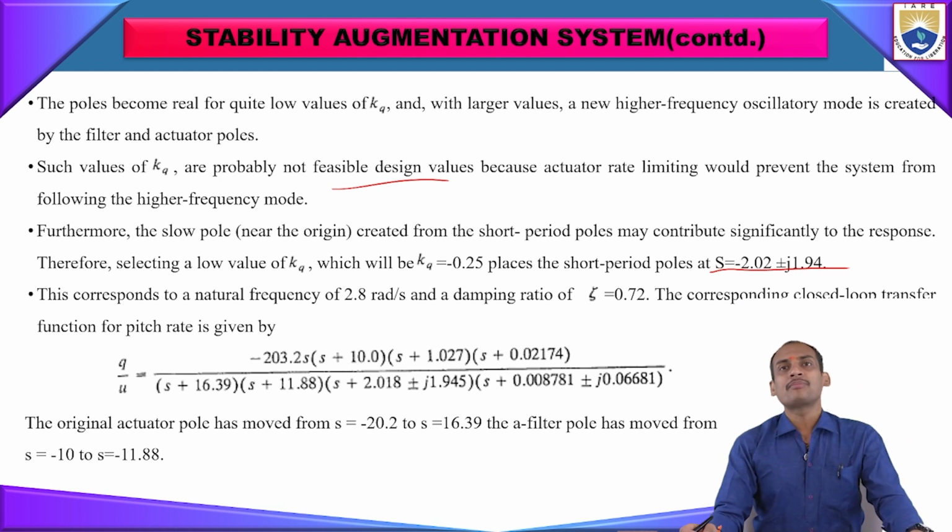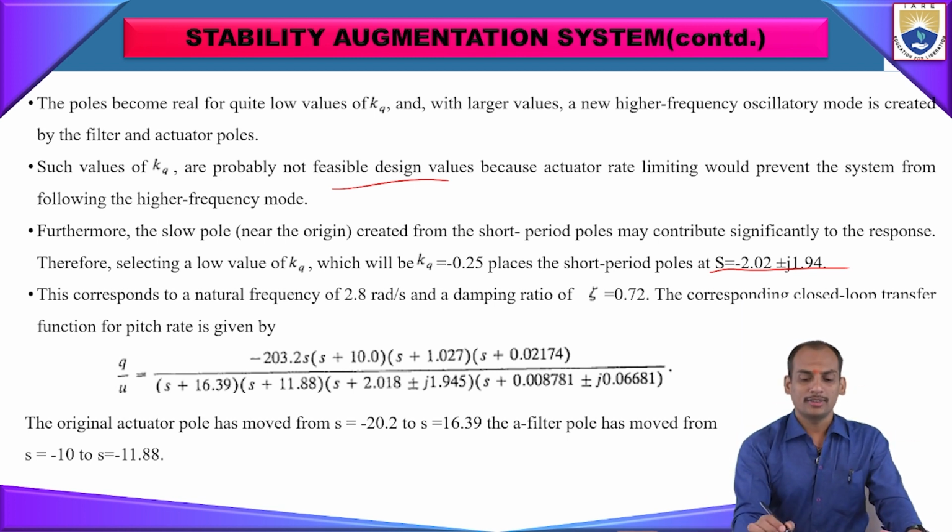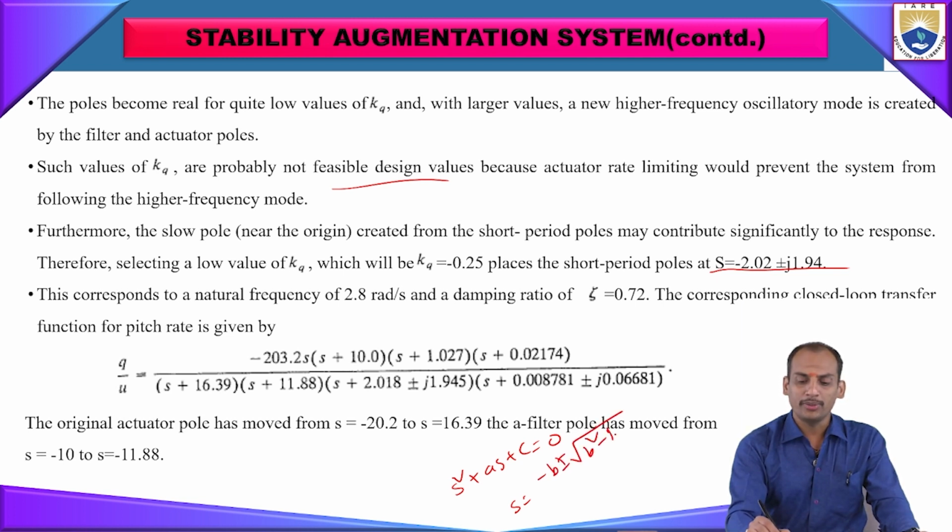Suppose we have the equation s square plus bs plus c equal to 0. Generally, to solve this equation, s equals minus b plus or minus root of b square minus 4ac, divided by 2a. We use this formula for solving the roots for s.